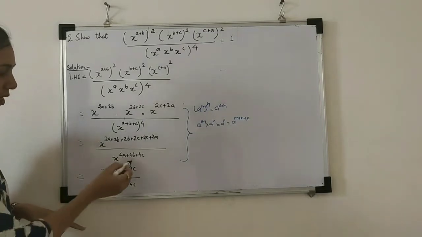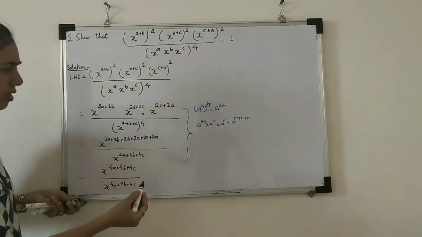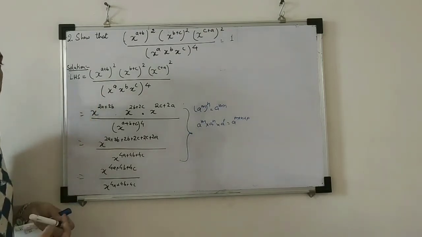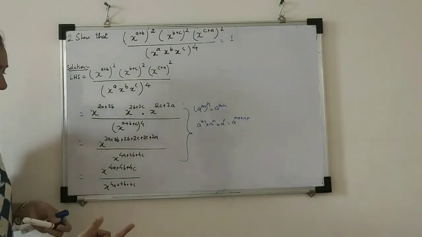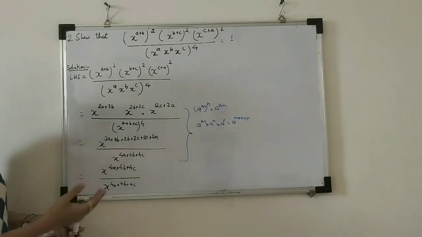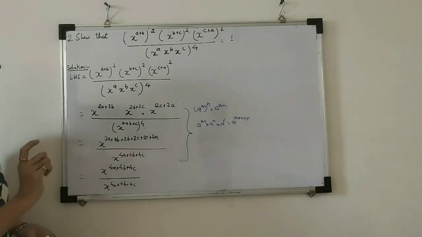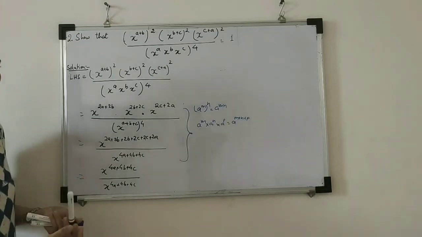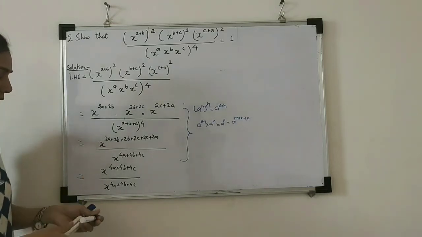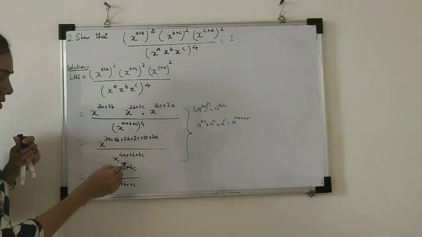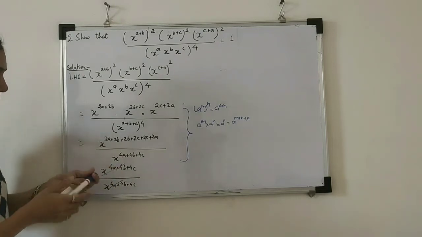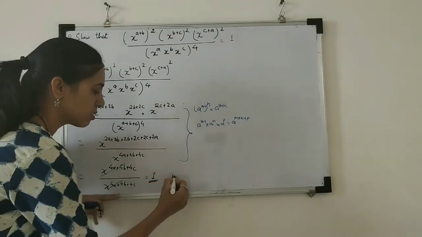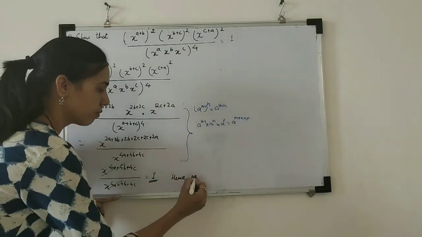So if we want, we can cancel here itself, or else we can use the law a raised to m divided by a raised to n is equal to a raised to m minus n. If we use that, the whole exponent will be cancelled and we'll get x raised to 0, and x raised to 0 is 1. Or else, since the same terms are there, you can cancel and write this as 1. Hence, proved.